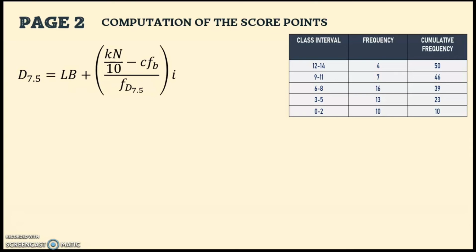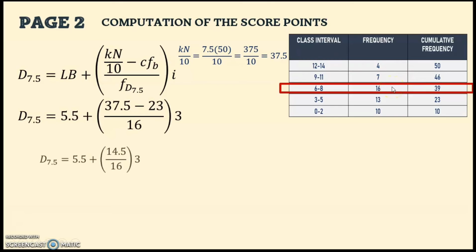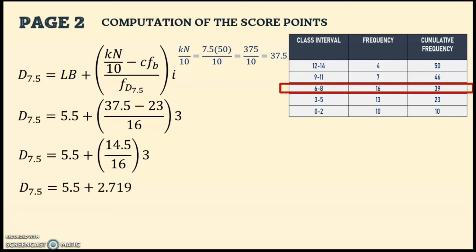So this is the formula for decile 7.5. Okay, so the same thing lang naman. So K is 7.5, frequency is 50 over 10. So we have 375 over 10, 37.5. So the same class. So ito yung decile class. Actually, yung computation yan almost the same lang with the first score point, which is the third quartile.